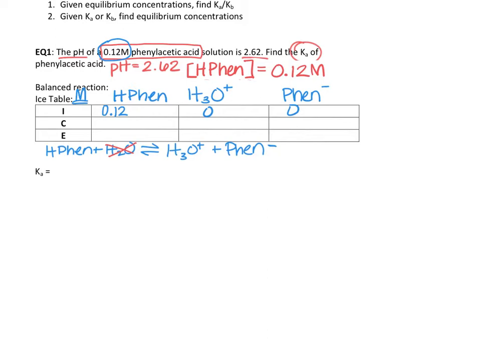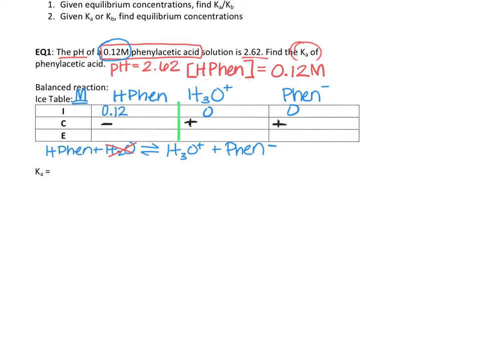Looking to C, that is change. Let me just draw a little line so that we can have a barrier between the two. The left of the line, over on this side, is all reactants, and over here is all products. So notice I don't have any products, and I have some reactants. That means I can only have less reactants after the change occurs, and I can only have more products after the change occurs.